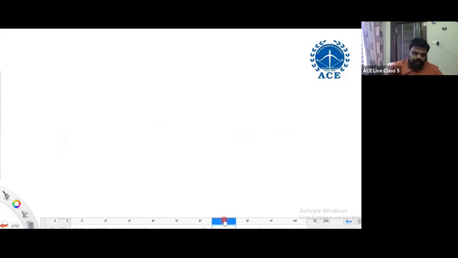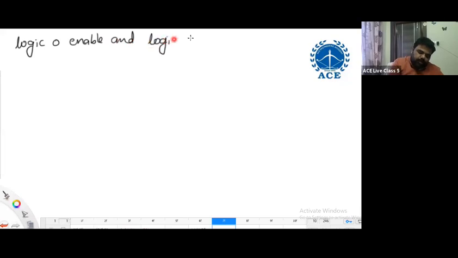Now, let us say here, logic 0 enable and logic 1 output decoder. What is it here?